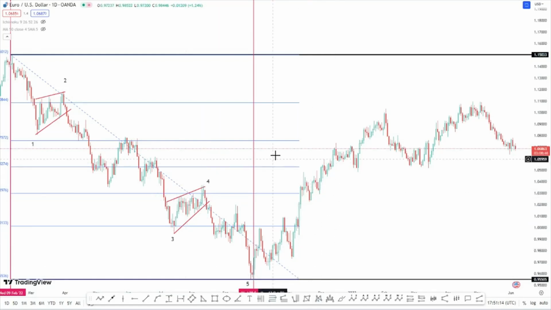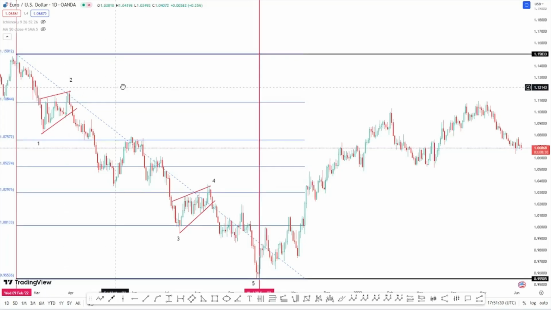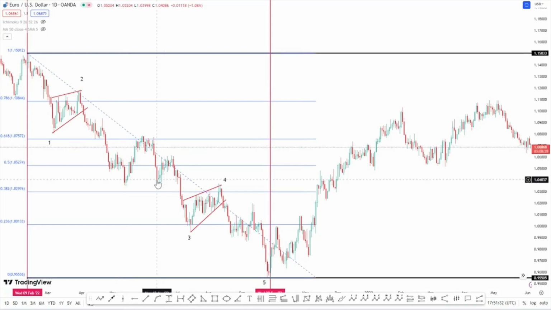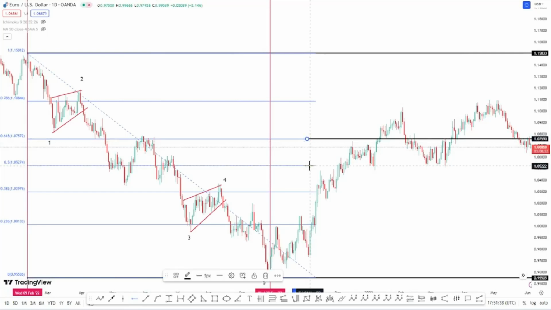Then you need something, because you know wave two will always turn at 50% or 60% or beyond that, because those are acceptable percentages Elliott talked about. If it turns at 38.2%, you're not counting it in, because it never went far enough to be counted as wave two.